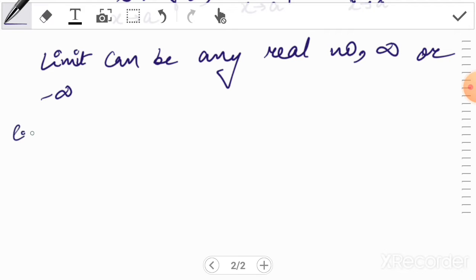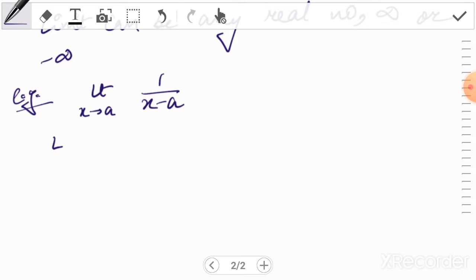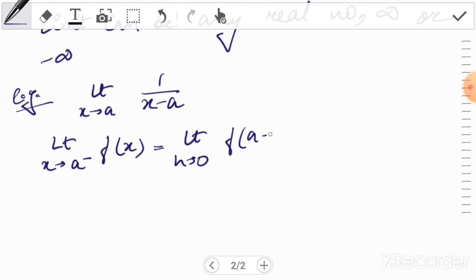For example, if we have to find limit x tends to a 1 by (x minus a). So this is a function. Let us find left hand limit first: limit h tends to 0, f(a minus h) is equal to 1 by (a minus h minus a), which is minus 1 by h.